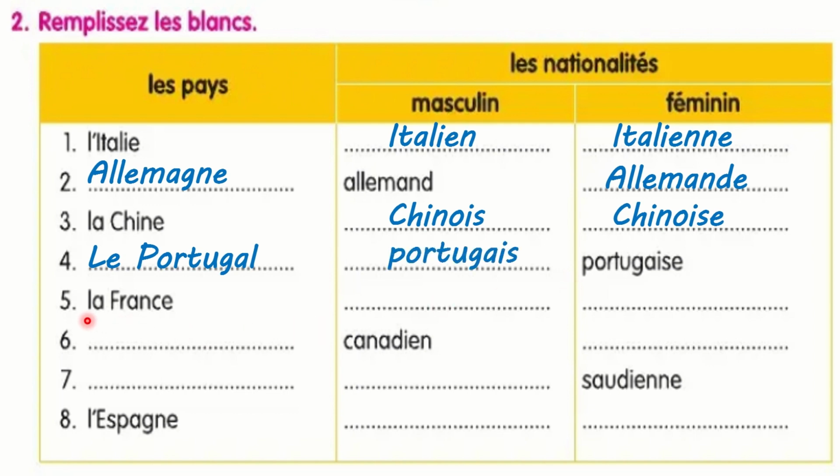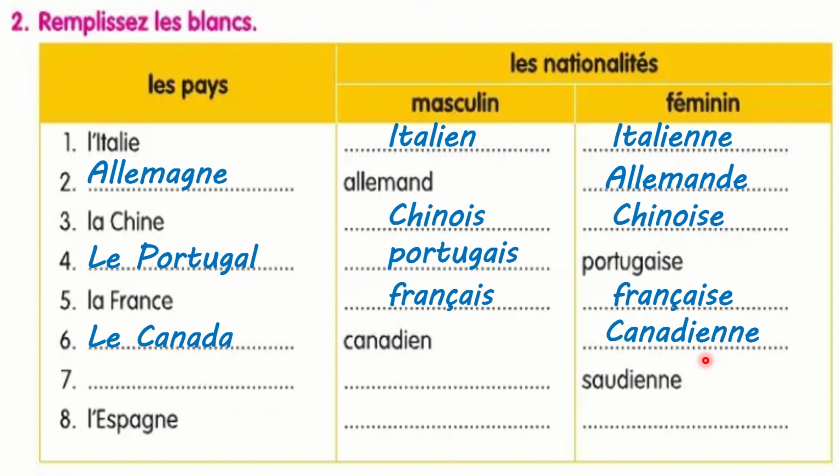Next we have La France, that means the France. So the nationalities are Français, Française. Next we have Canadien, that means Canadian. So the country would be Canada, which is Le Canada, and the feminine nationality is Canadienne, that means Canadian.